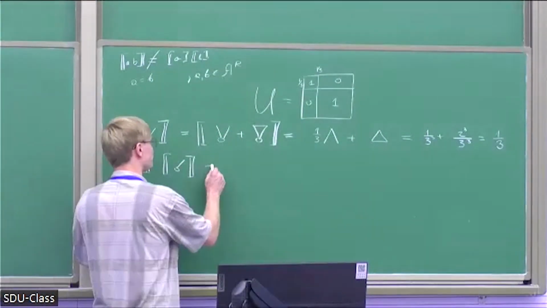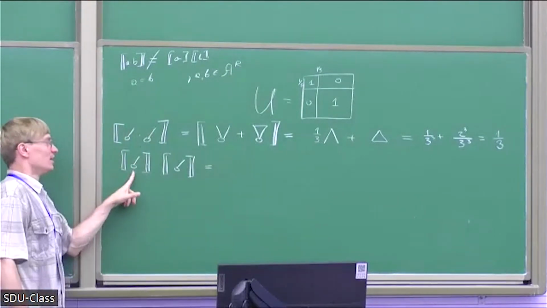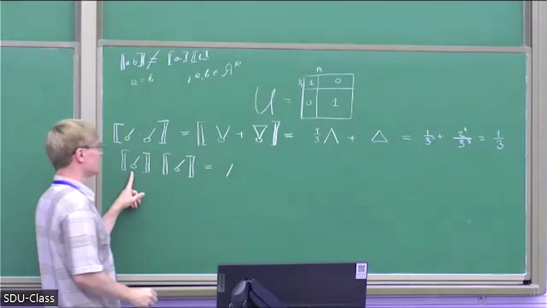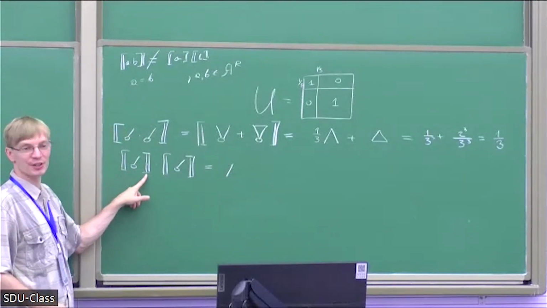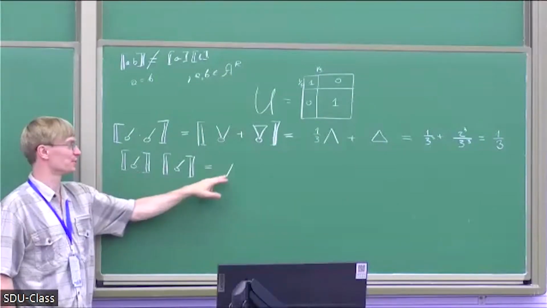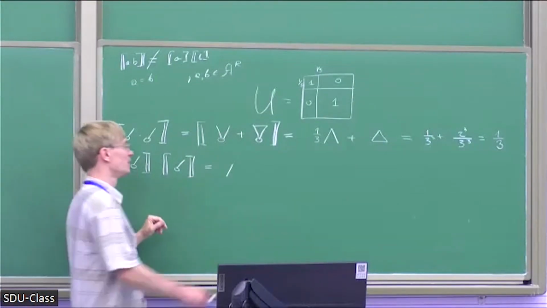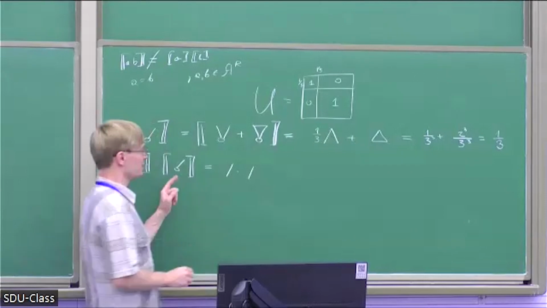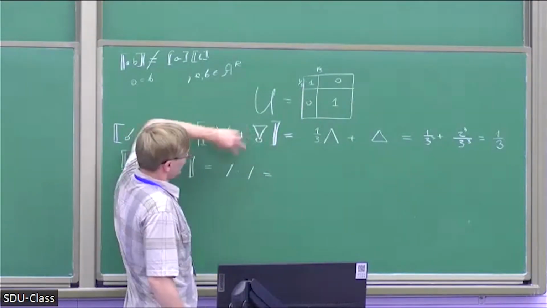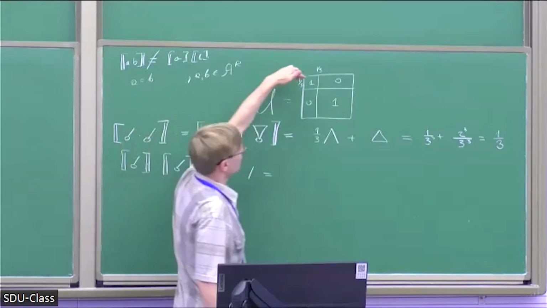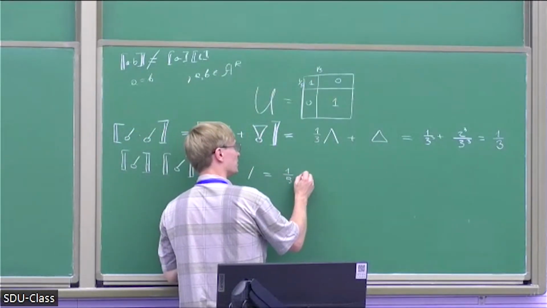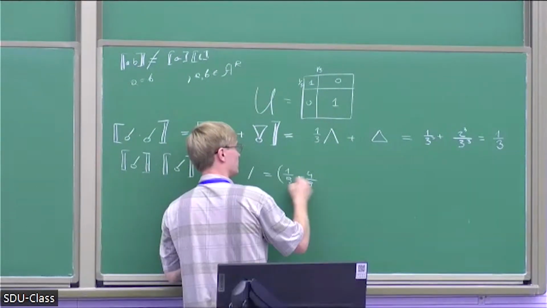And here, if I use this averaging, I get just the edge density from here. The coefficient is 1 because wherever I place the root, I have exactly this, times the same. And what's the edge density here? In order to find an edge, I need to have two vertices in the same part. So it's 1/9 plus 4/9.